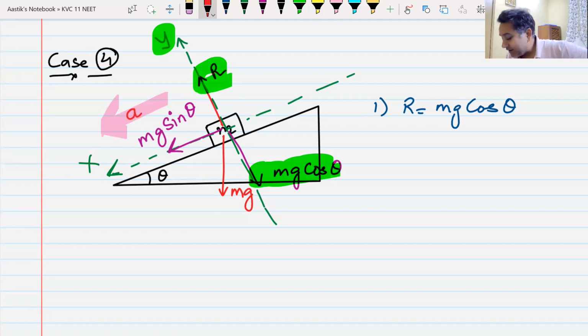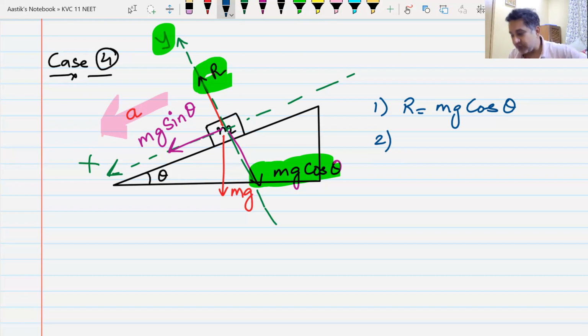Can anyone now tell me the equation along the x-axis for this block? Remember, the x-axis is like this and the y-axis is like this. A equals mg sin theta? A is acceleration, mg sin theta is force.